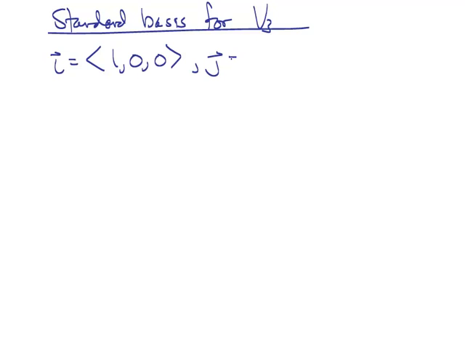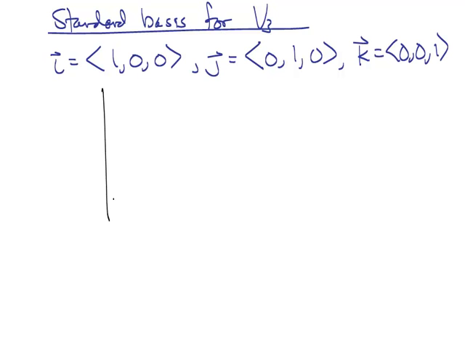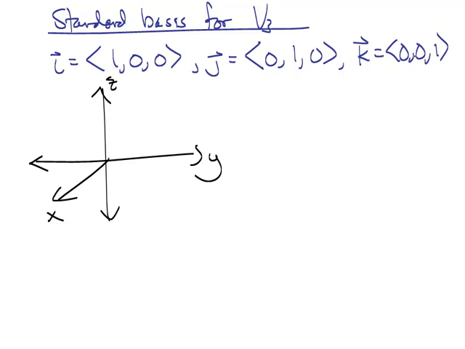The vector j is the vector 0, 1, 0, and k is the vector 0, 0, 1. So we can see where those lie in R3. The reason we call these bases is that we can form any vector in V3, our three-dimensional vector space, out of those three vectors. So here is the vector i, here is the vector j, and here is the vector k.